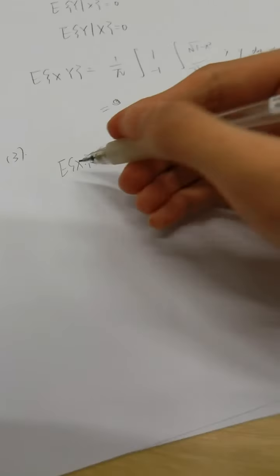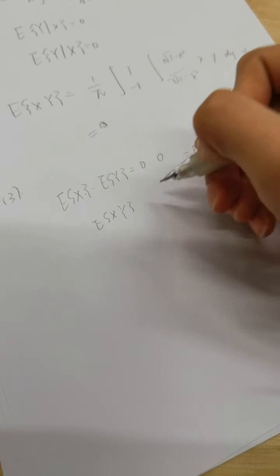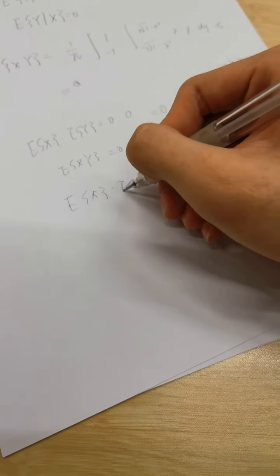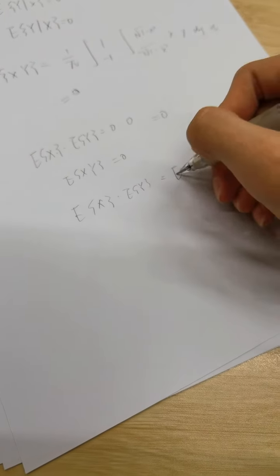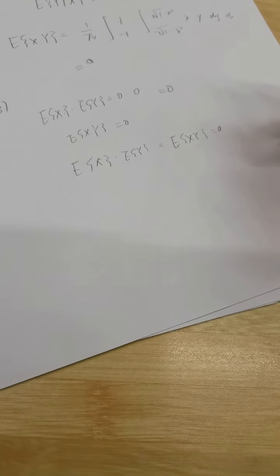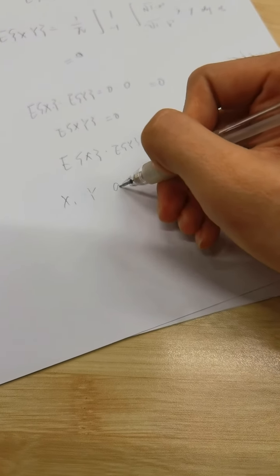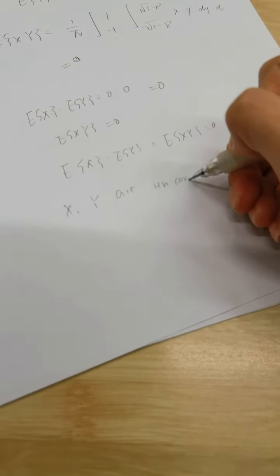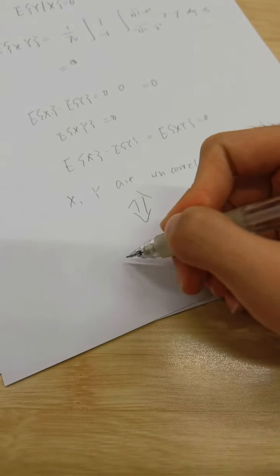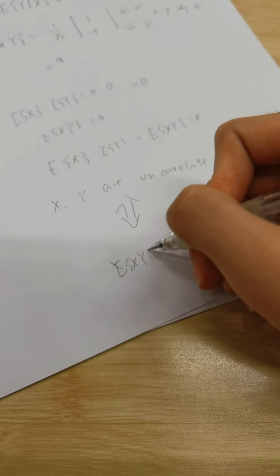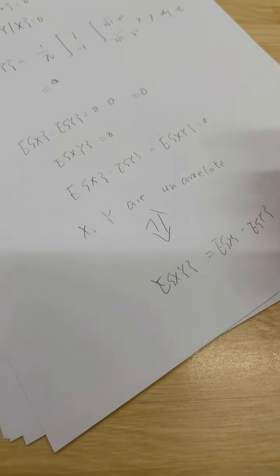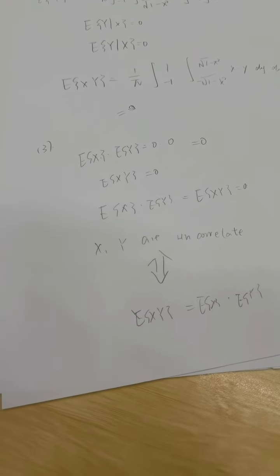And from this part, we already know E[XY] is 0. So E[X] times E[Y] is equal to E[XY], which is equal to 0. So from the theorem, X and Y are uncorrelated because E[XY] equals E[X] times E[Y]. So this is for the second question.